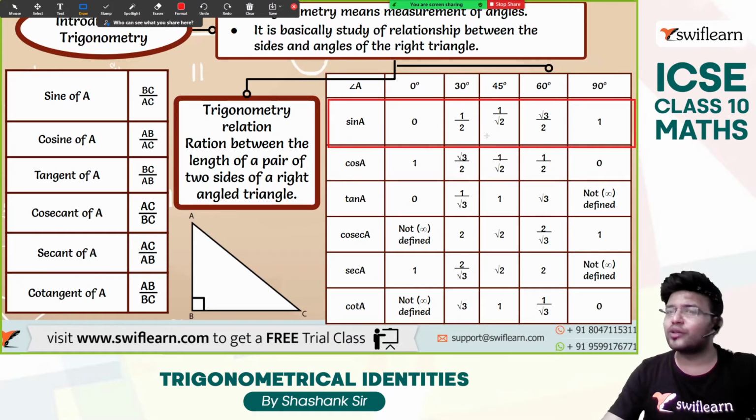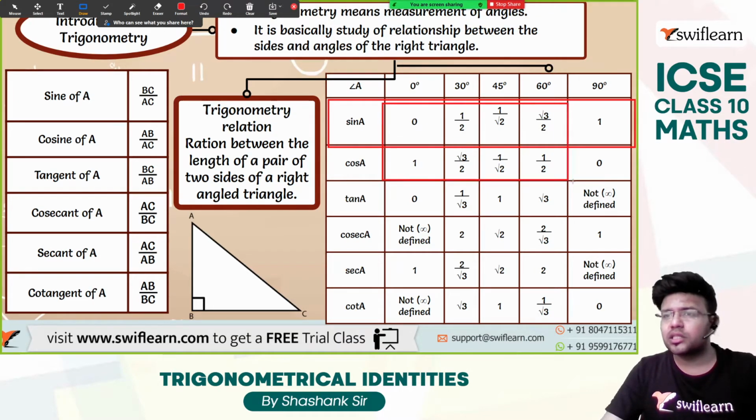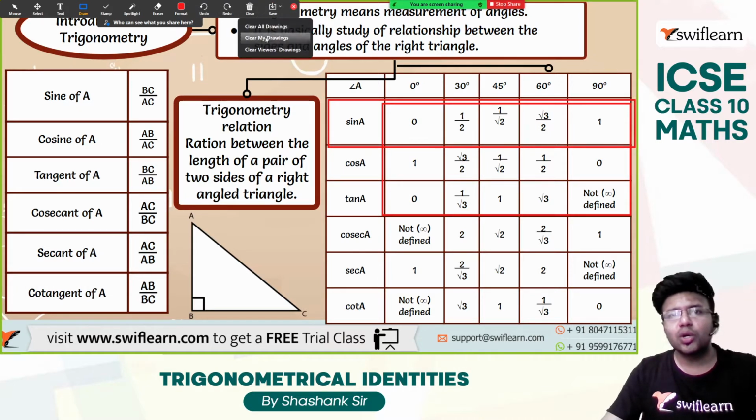If you know the values of sine, write them in the reverse order, you get the values of cos, and divide sine by cos, you get tan. Now take the inverse of sine, you get cosec. Take the inverse of cos, you get sec. Take the inverse of tan, you get cot. So it is good to remember these values, and you take the inverse, you get the other ones also.